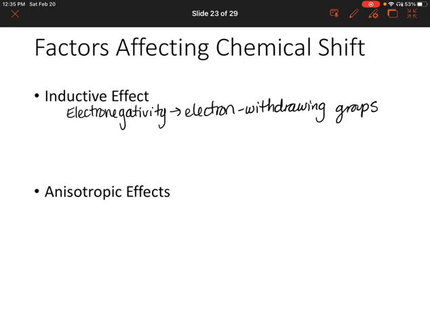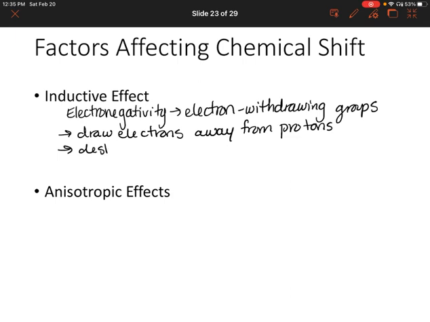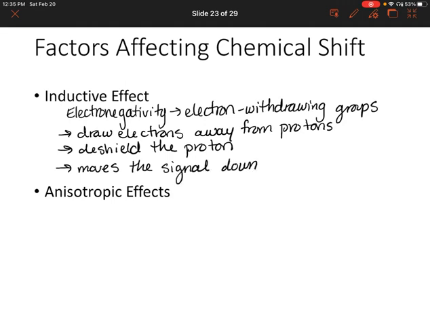So what happens here is atoms like oxygen or halogens are going to draw electrons away from protons. And this is going to de-shield the proton. So it moves the peak or the signal downfield.